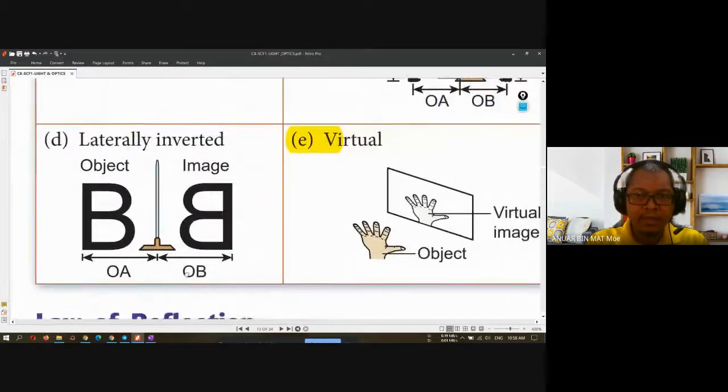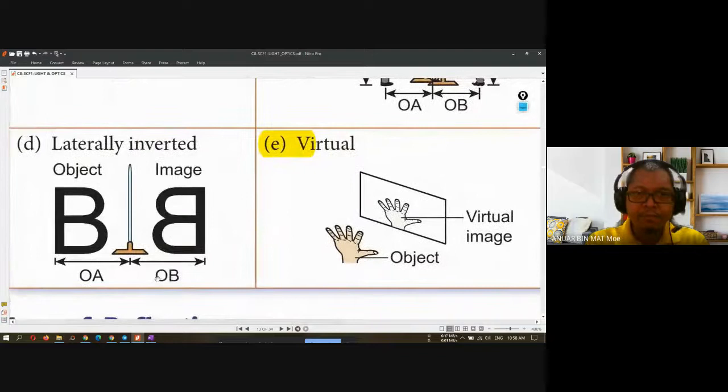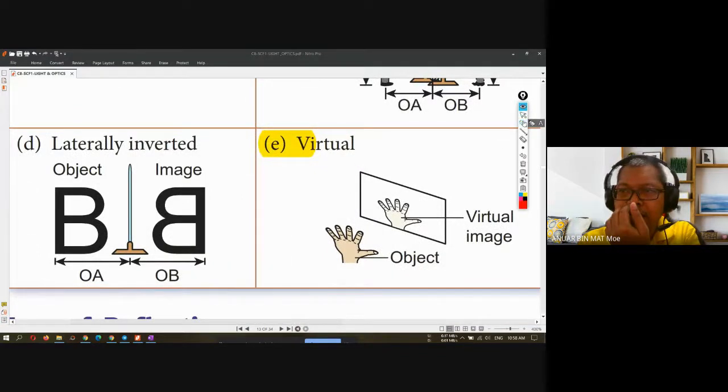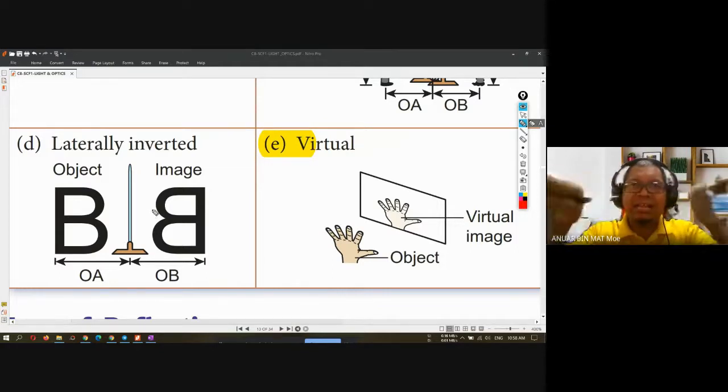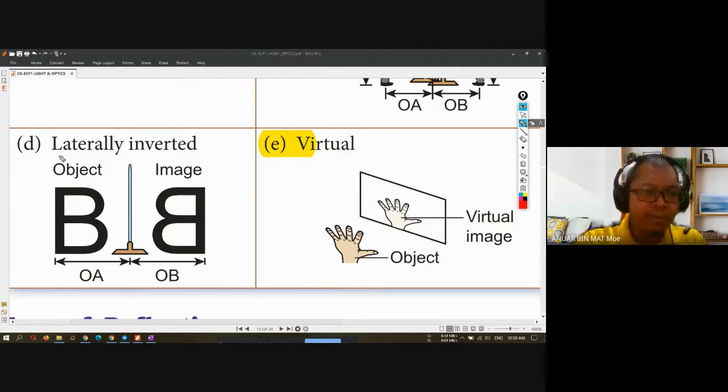Okay, this is characteristic number 3. Characteristic number 3 is laterally inverted. Laterally inverted, not horizontally. Okay. It will stay upright, but laterally it will be inverted. For example, the letter B on our left is the real object.